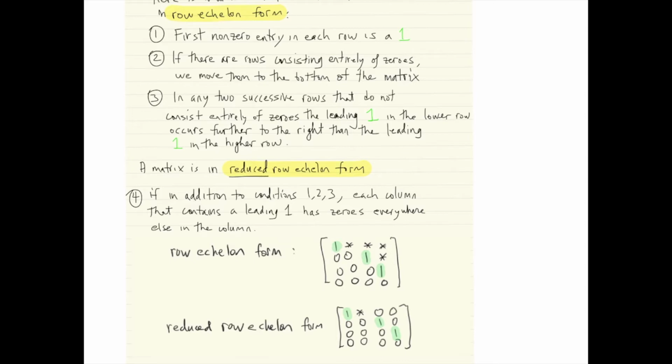And so you can always get to reduced row echelon form from row echelon form by doing some additional elementary row operations. And then, once again, this column here has terms that are not 0. By contrast, in this column here, everything else besides the pivot 1 is a 0.